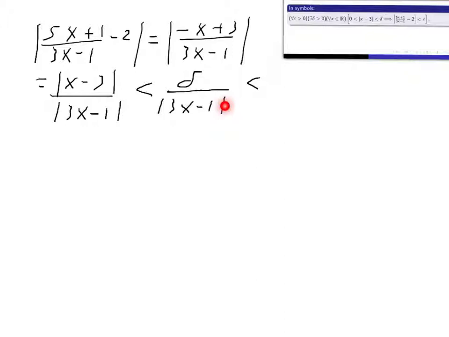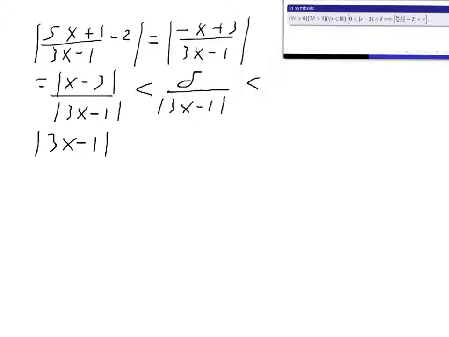So I actually have to replace this quantity by something smaller than it, not something bigger than it. In other words, I need a positive lower bound on absolute 3x minus 1. So that's what I do next.